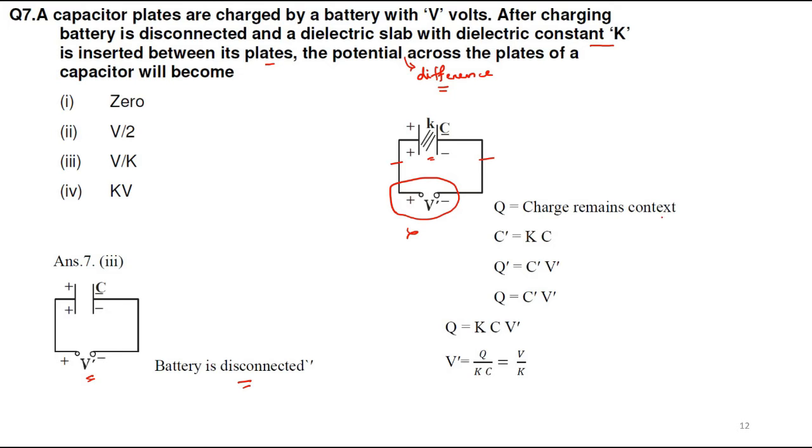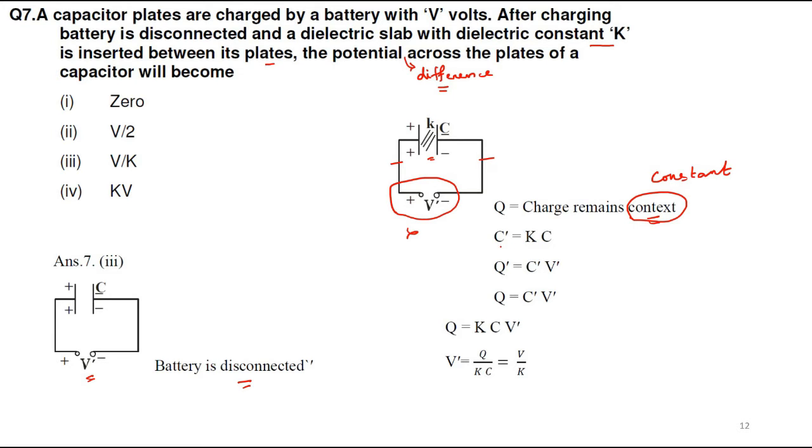Q, the charge, remains constant. Some printing error there. So C prime equals Kc.